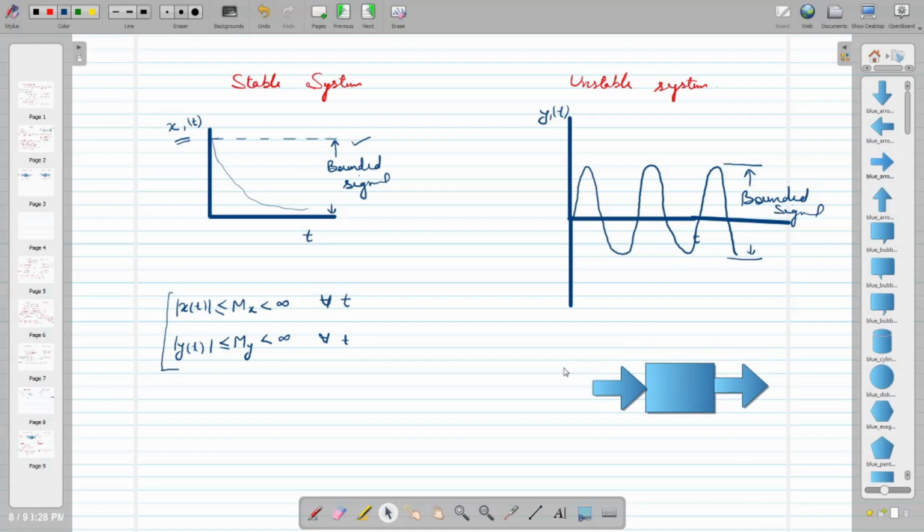If x(t) is bounded by a certain limit and the system produces a bounded output, then the system is stable. Otherwise the system is unstable. It means if the bounded input does not have a bounded output, then it is called an unstable system.